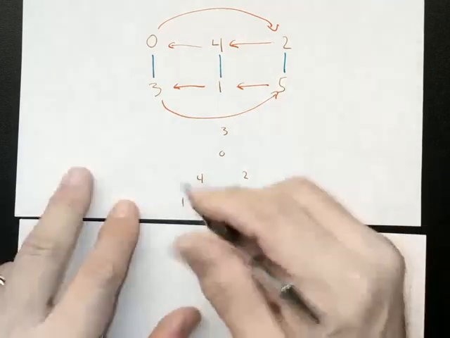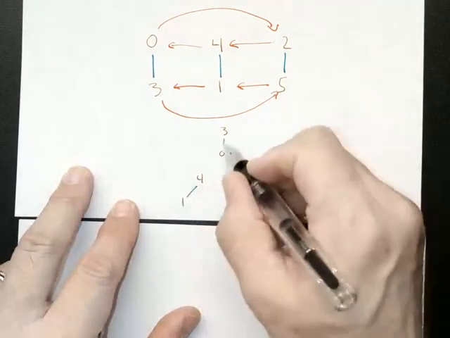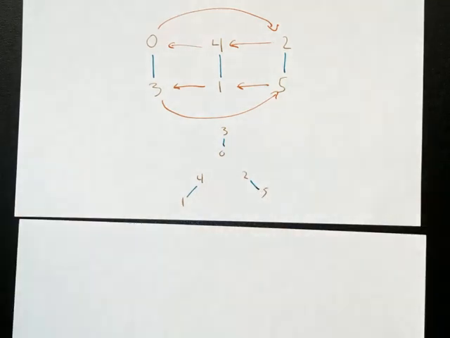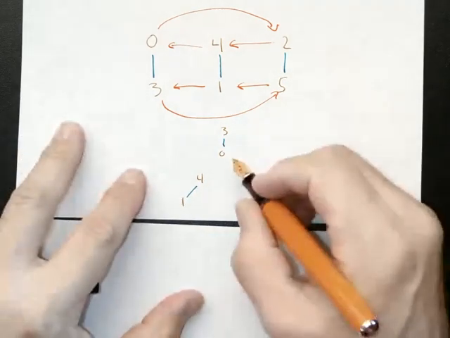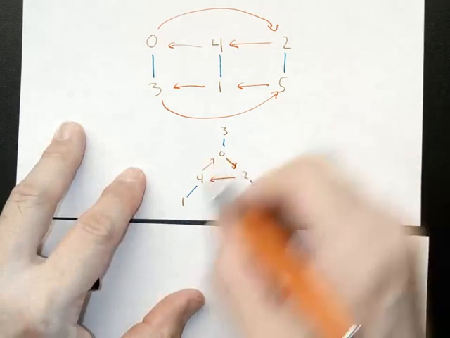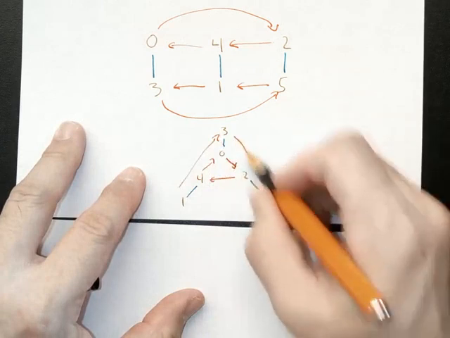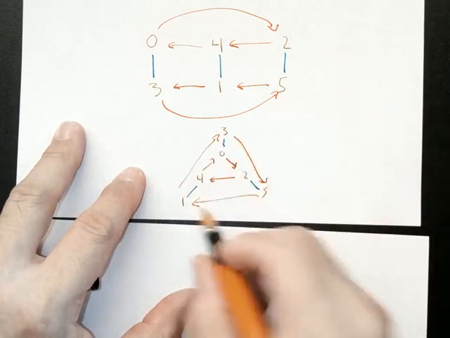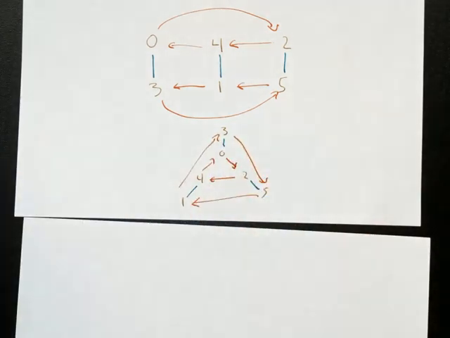The blue ones, and they should really not be arrows, they should be dashes because they're undirected. You go back and forth. But then the arrows, exactly. 0 goes to 2, 2 goes to 4, 4 goes back to 0. 1 goes to 3, 3 goes to 5, 5 goes to 1.